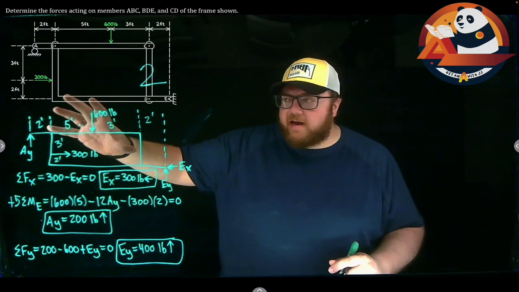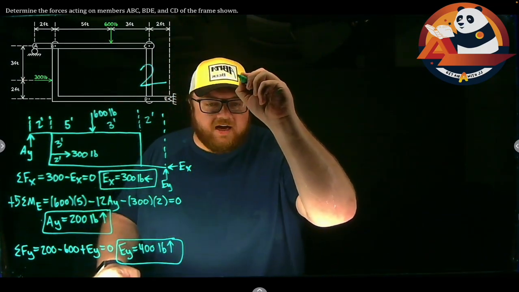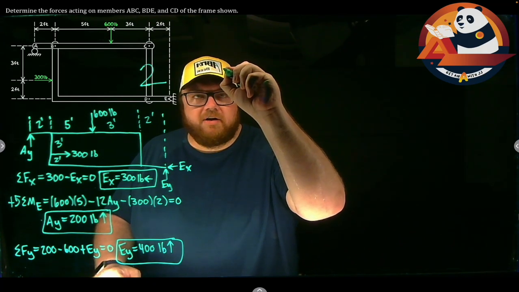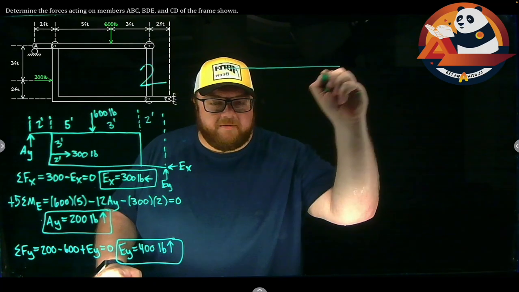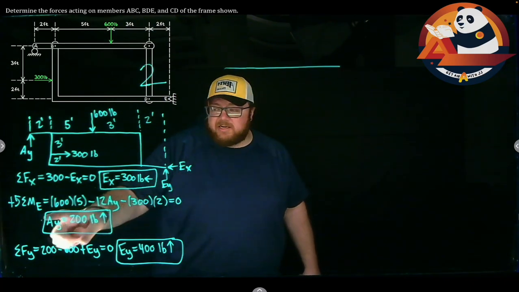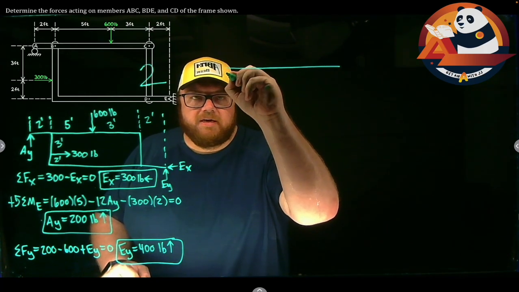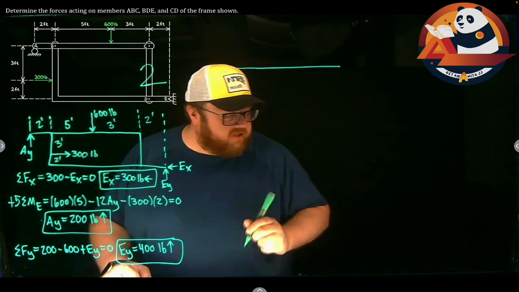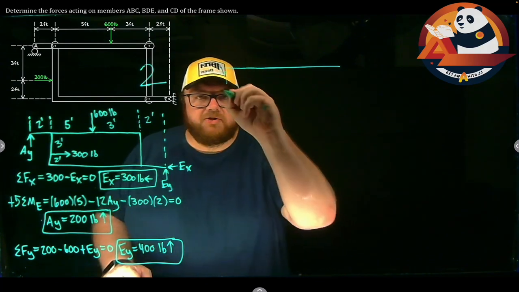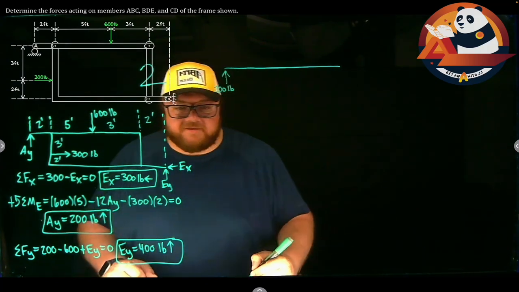So let's go ahead, and my horizontal member is going to be an easier thing to draw. So come over on the side and I'm going to make another free body diagram here. We're working with our horizontal member. My support reactions, I don't change their direction around. So I have AY right here, 200 pounds going straight up. It's already known for us.